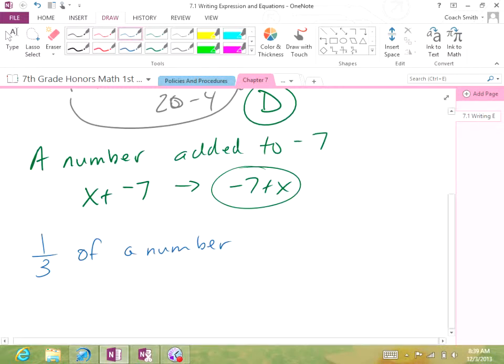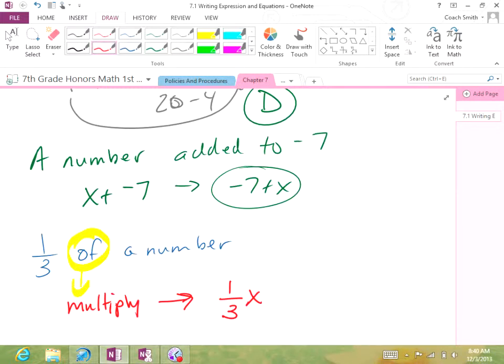Multiplication. The word of means to multiply. Anytime you see the word of, there's usually multiplication involved. So that means 1/3 of a number, which is x. That's how you would show it.